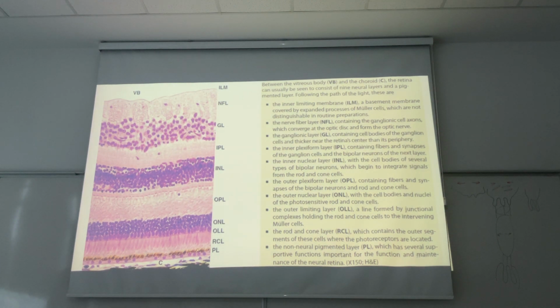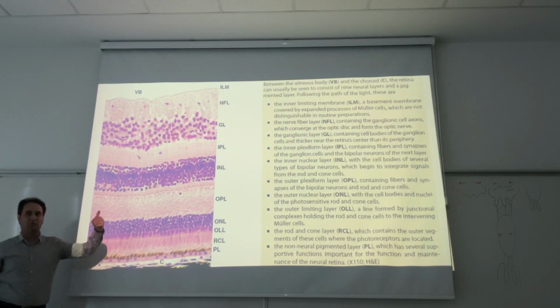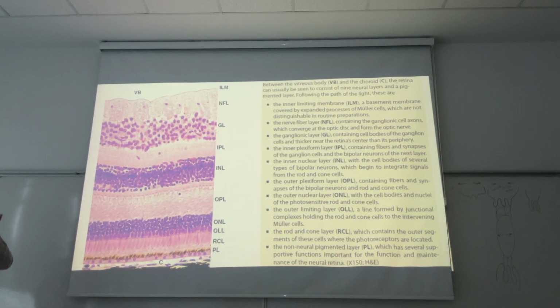Which cell? Remember that long cell? Muller cell. Muller cell cytoplasma is present in all layers. So, here we have the nucleus of rod and cones and cytoplasma of rod and cones and Muller cells. Okay? Don't forget.